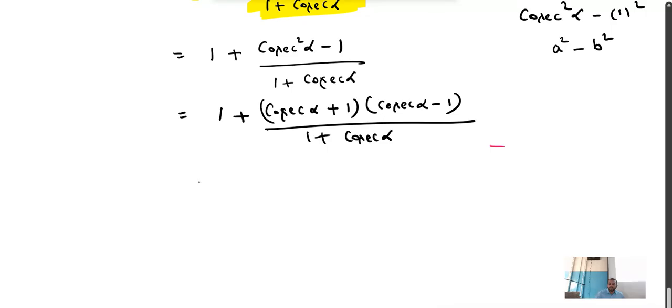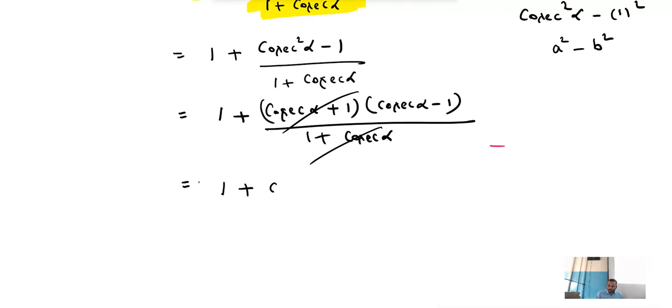Now what can we write children? Can we reduce it to its simplest form? Yes, very good. 1 plus cosecant alpha and 1 plus cosecant alpha get cancelled. Then what is left out? 1 plus cosecant alpha minus 1. Plus 1 minus 1 get cancelled. So what is left out? Cosecant alpha.